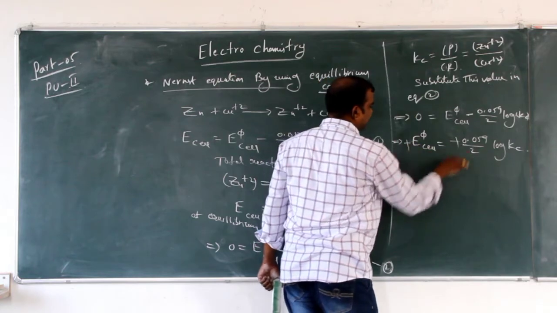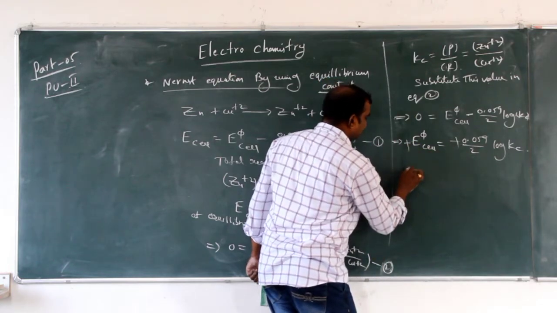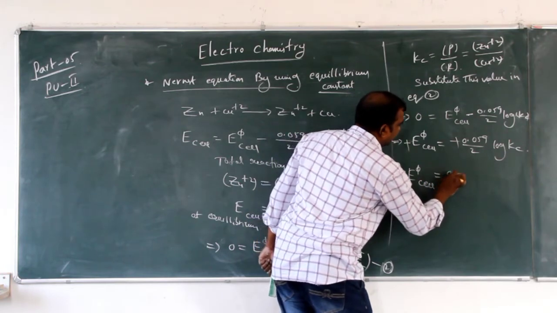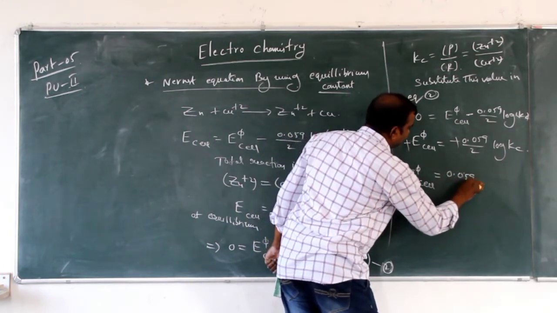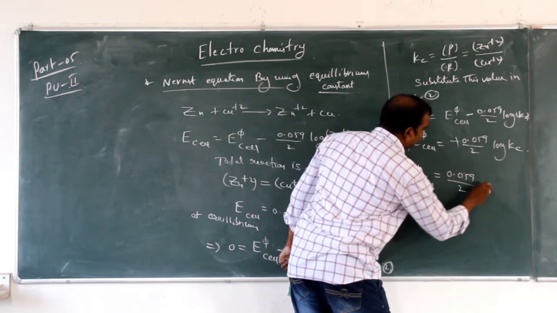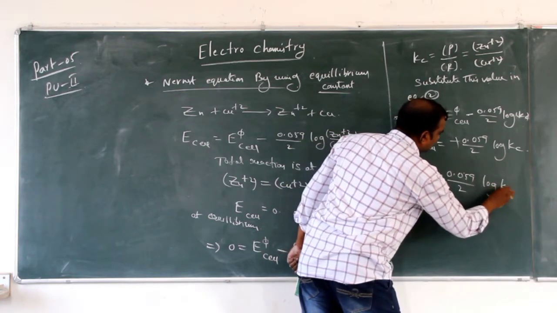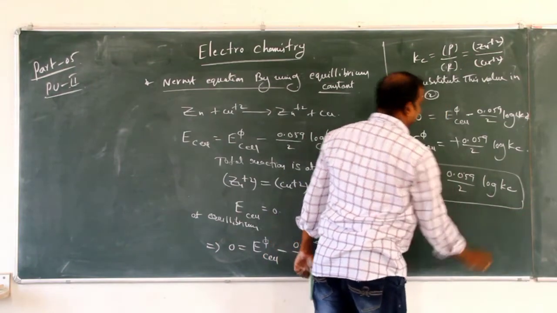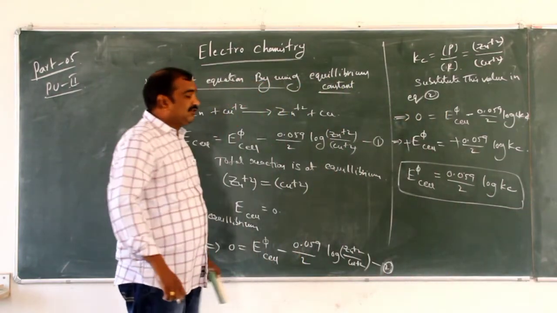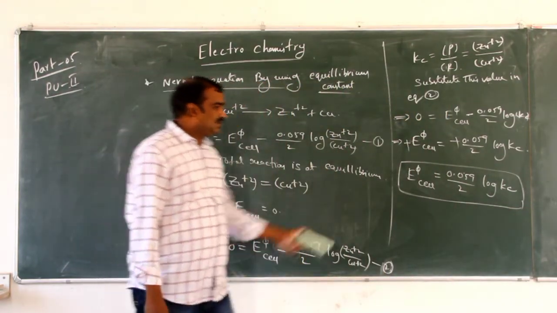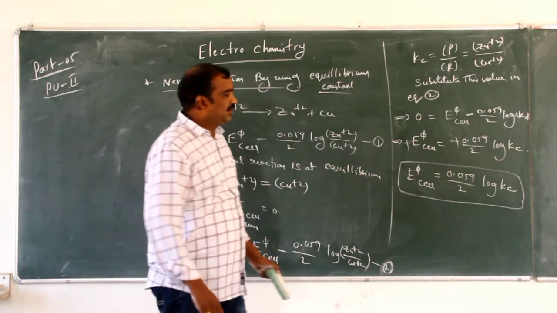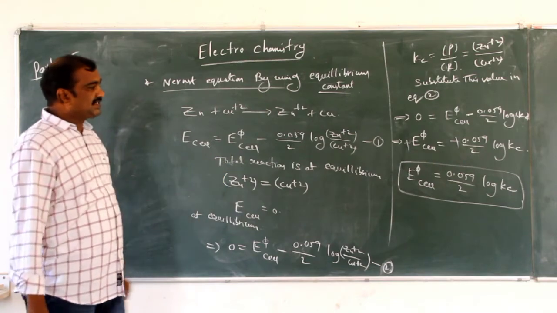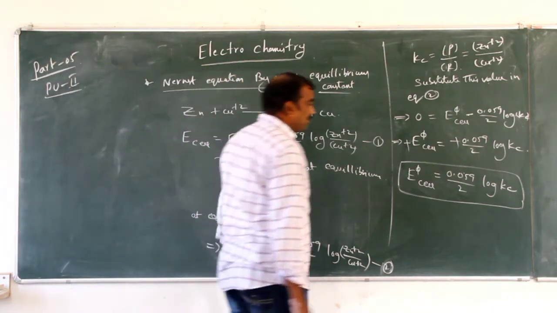This minus and this minus will cancel. So E naught cell is equal to 0.059 by 2 log Kc. So this is the Nernst equation using the equilibrium constant.